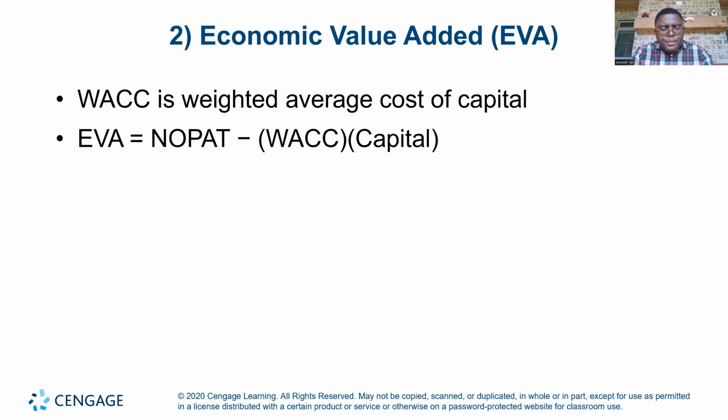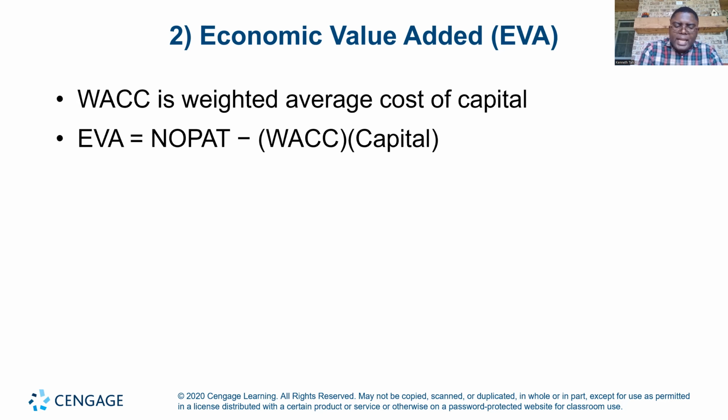The second performance measure we want to compute is what we call the economic value added. This is also a very important measure. The economic value added, EVA, represents the residual income that remains after the cost of all capital, including equity capital, has been deducted. It measures the extent to which the company has increased shareholders' value.